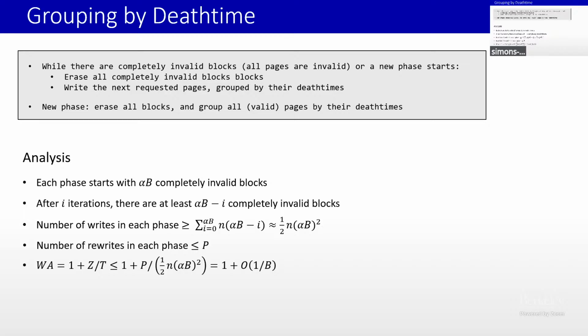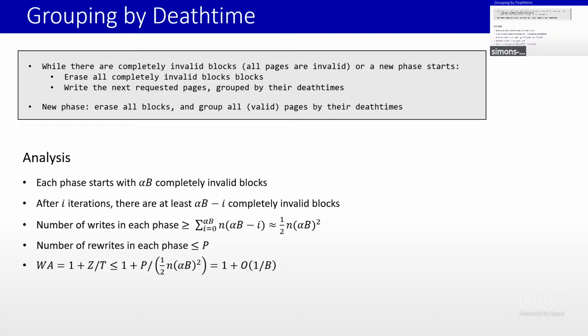So the number of writes in a phase is at least the sum from i equals 0 to alpha B of the number of slots times the number of blocks that I'm going to clean in the ith iteration, and I get this value.